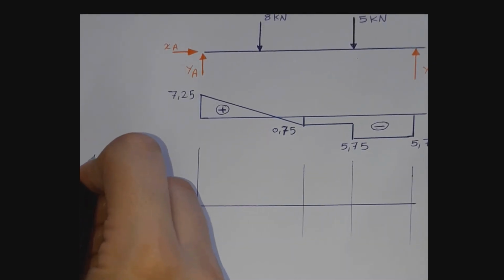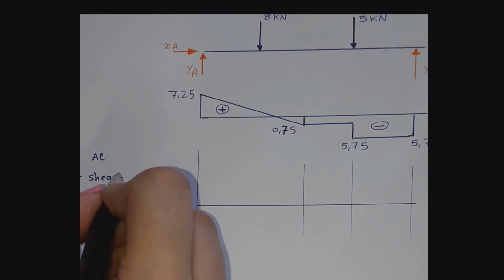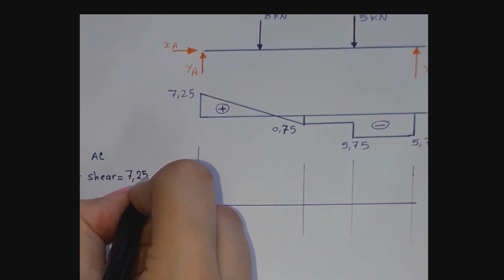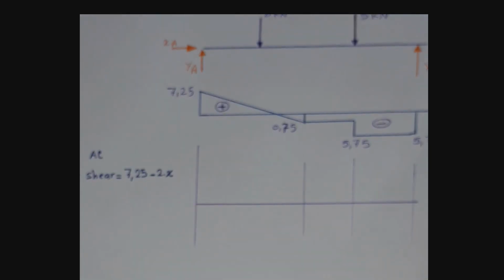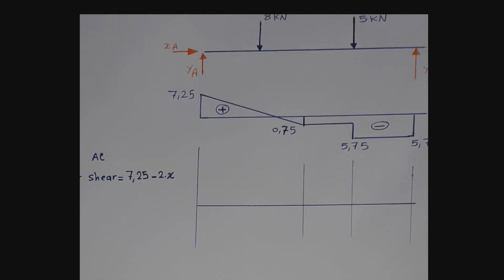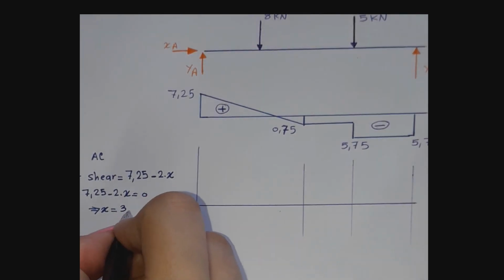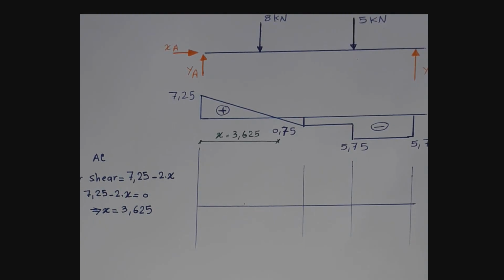At section AC, shear was 7.25 minus 2 multiplied by x. Then we write this equation equals 0 and find that x equals 3.625.